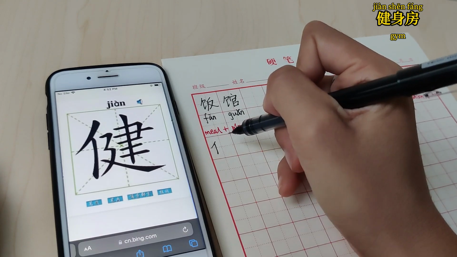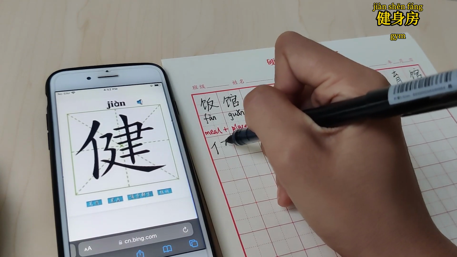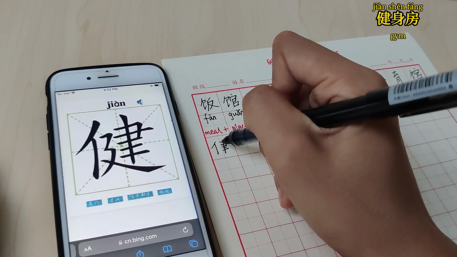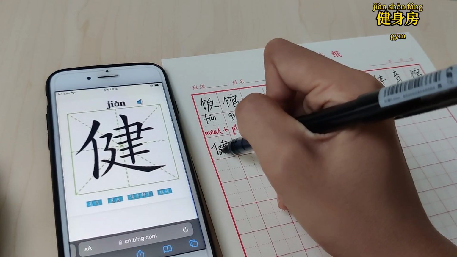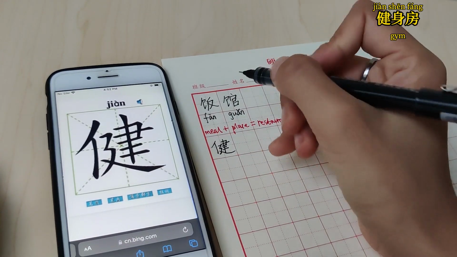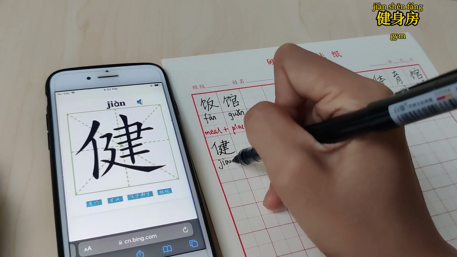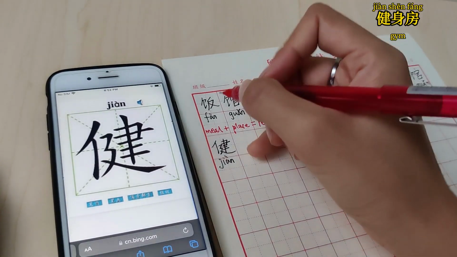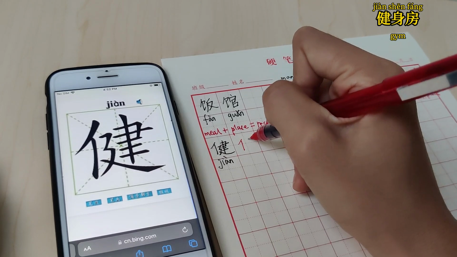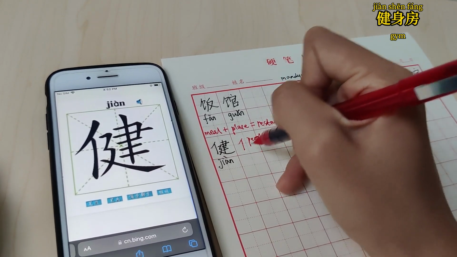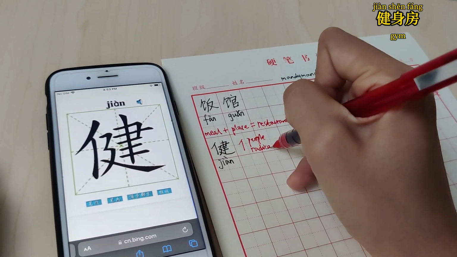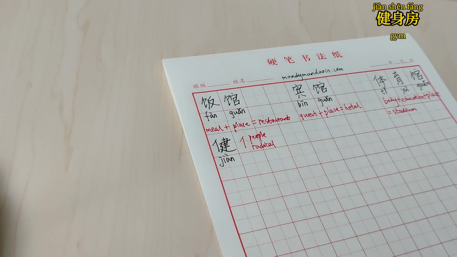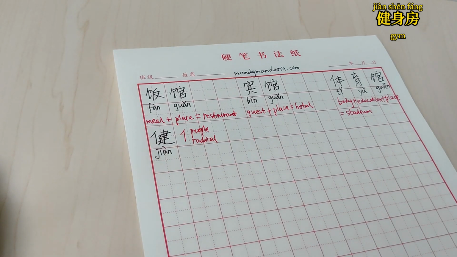And on the right side, we write this first, and then write the bottom. Very good. This is 见, and we know that this is the people radical. So it has something to do with people or the people's body, right?